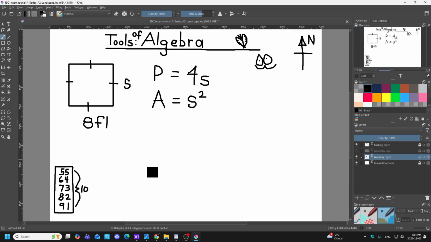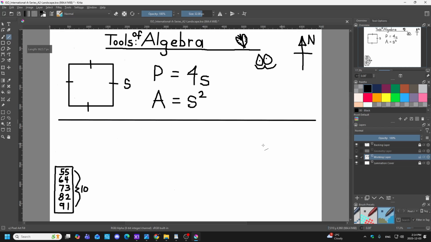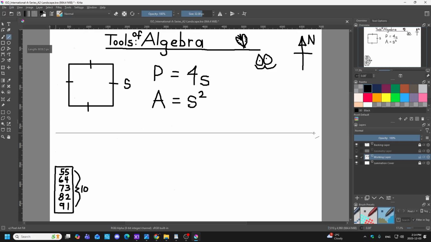First, I'm going to do this just to create a separation line. Okay, there. Perimeter, P. I decided I'm going to go like this, because I need a little bit more room here to write the value.